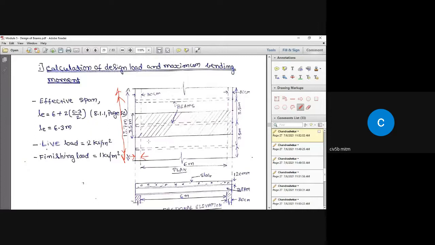For that, because the spacing is 3.5 meter on this side and 3.5 meter on this side, take half of it on this side, another half of it on this side. Okay, total width is 3.5 meter. So this is the area which is applying load on this beam. That is a tributary area. Okay. Find out what it is.